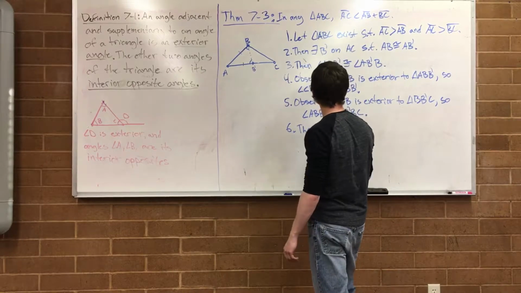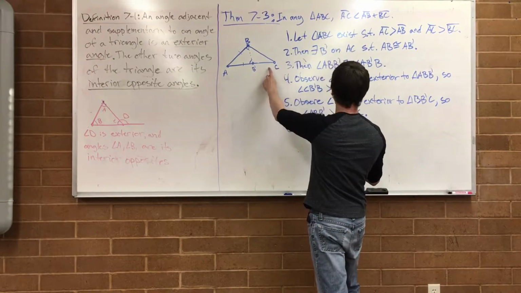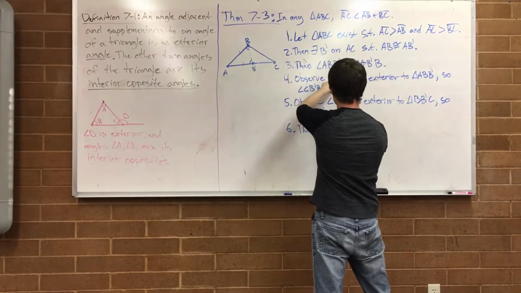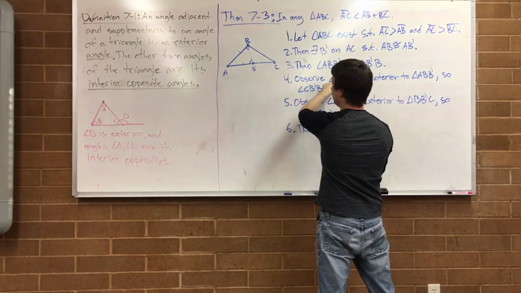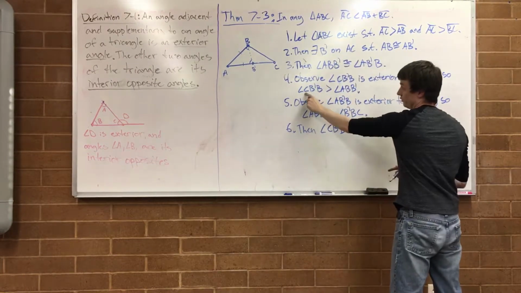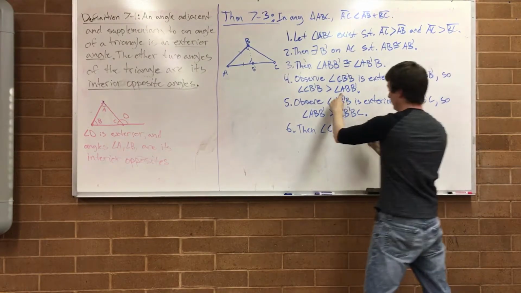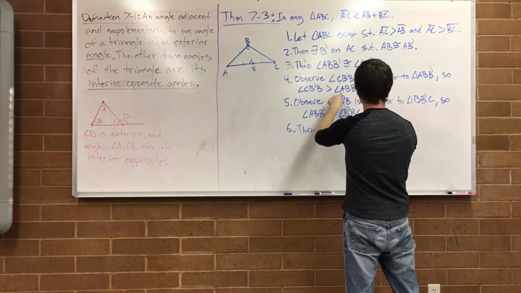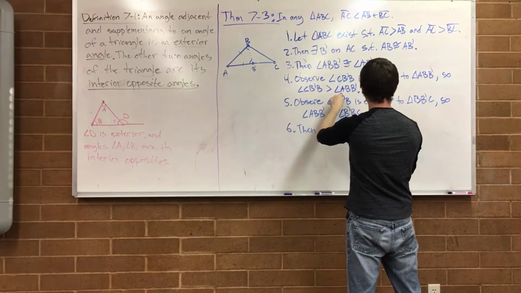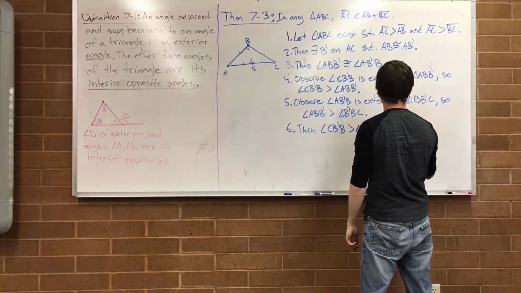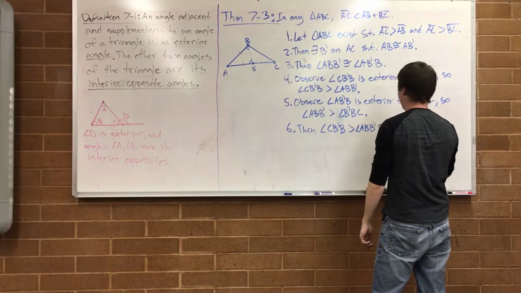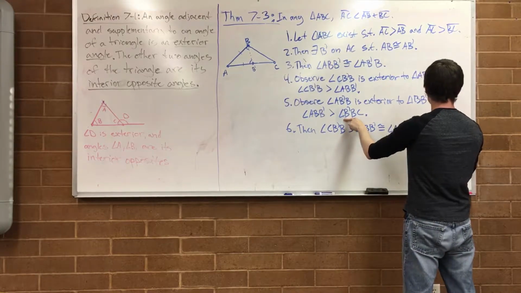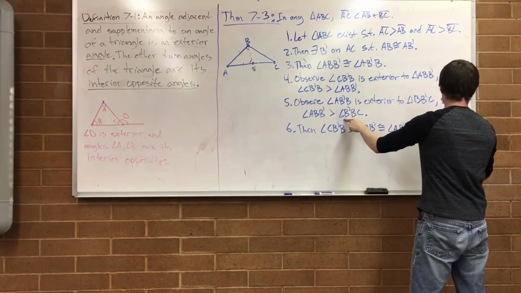Then angle CB prime B is greater than angle ABB prime, is congruent to angle AB prime B, is greater than angle B prime BC.